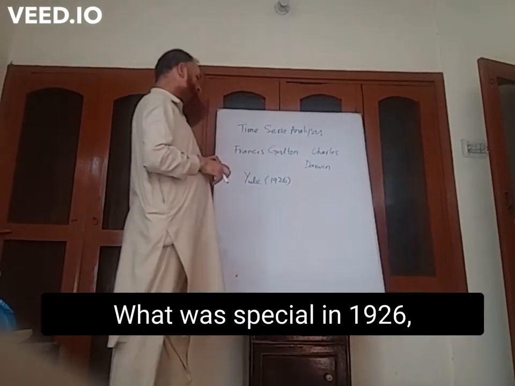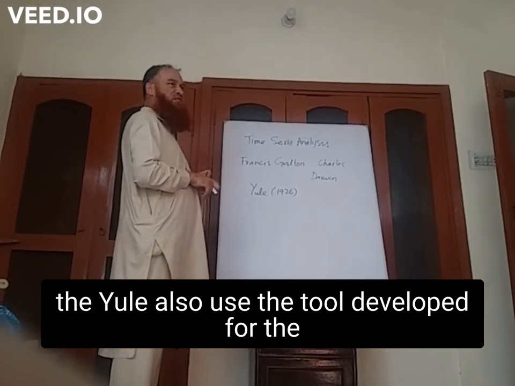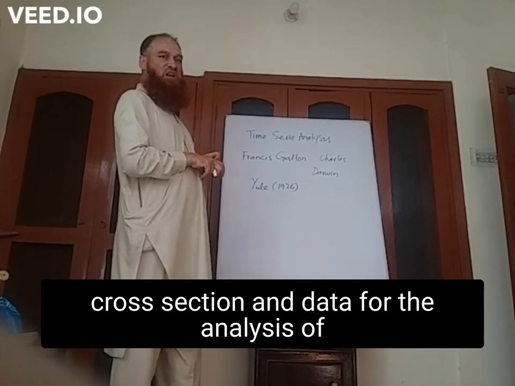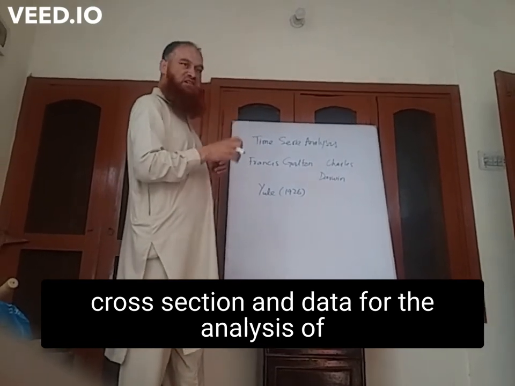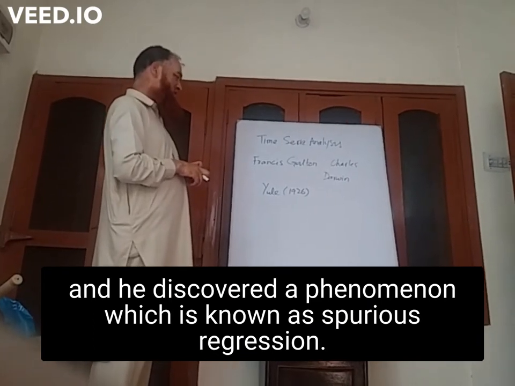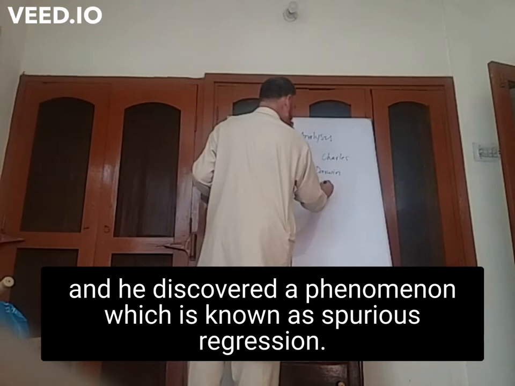What was special in 1926? Yule also used the tool developed for the cross-sectional data for the analysis of time series data, and he discovered a phenomenon which is known as the spurious regression.